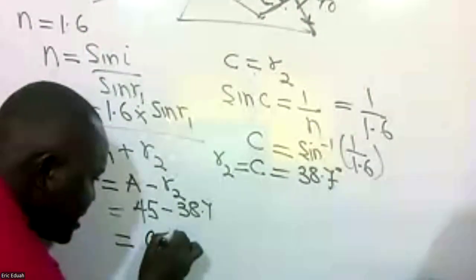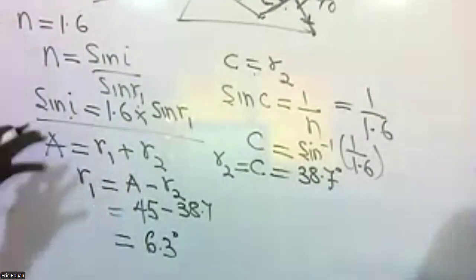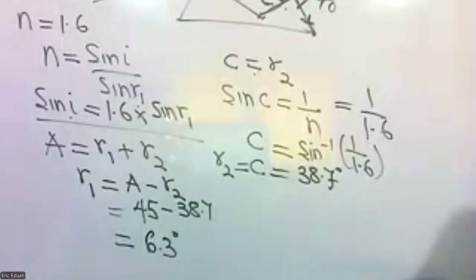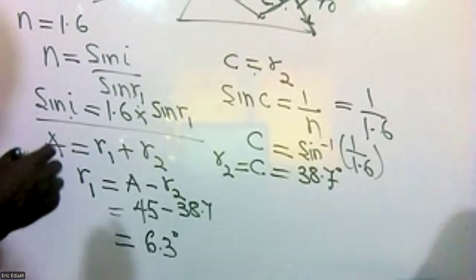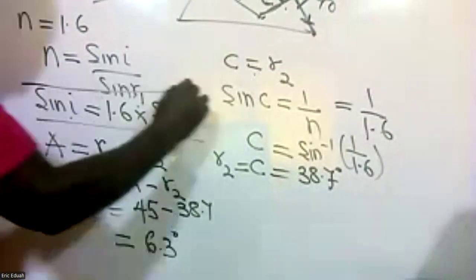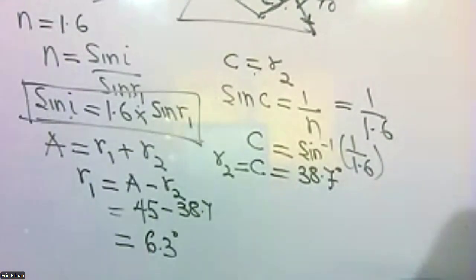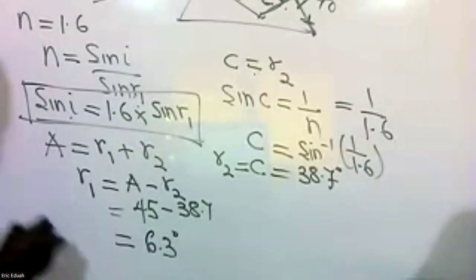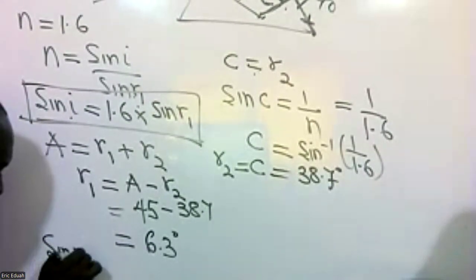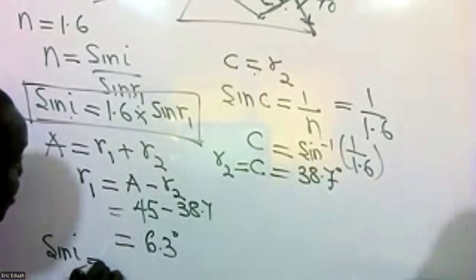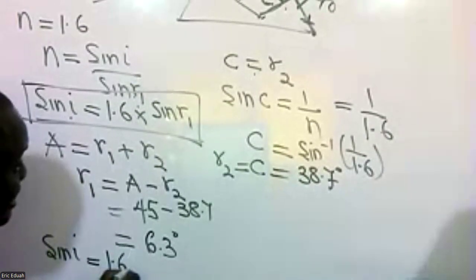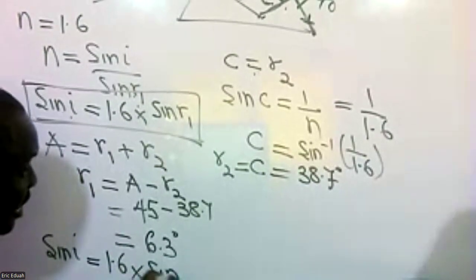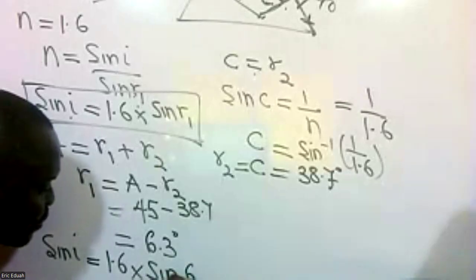Please, R1 and R2 are angles, so don't take them as lengths. So if this is R1, then with this you can easily find I. So sine I is 1.6 times sine of R1, which is 6.3.